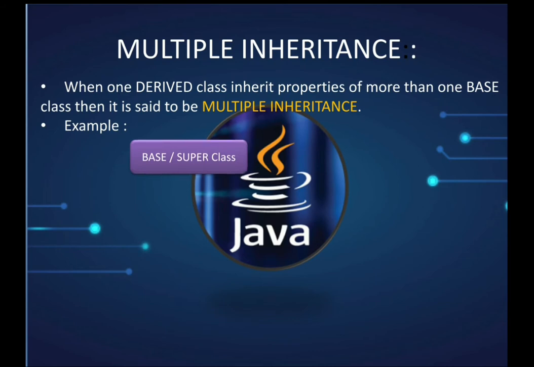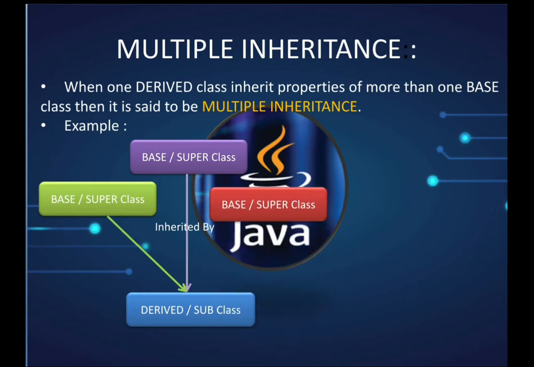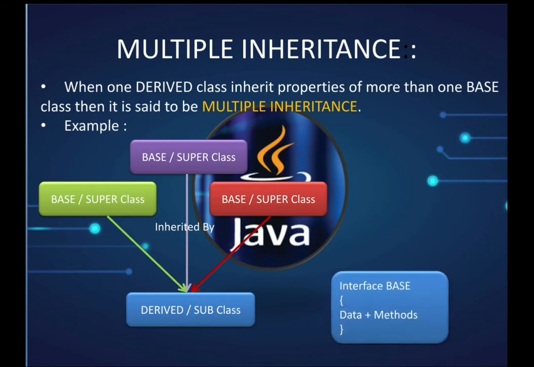This is a base class and it is inherited by the subclass. Another base class is inherited by the subclass, another base class is inherited by the subclass, and so on. A derived class can inherit more than one base class, then it is said to be multiple inheritance.